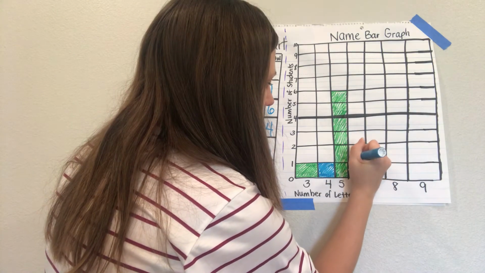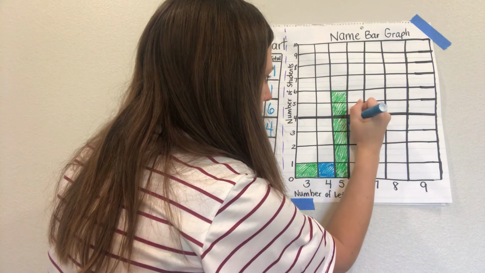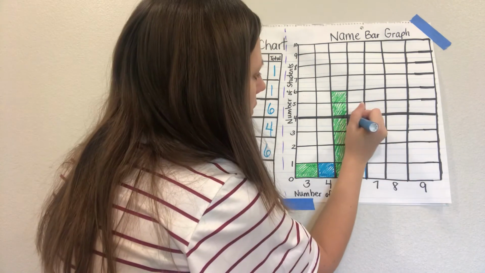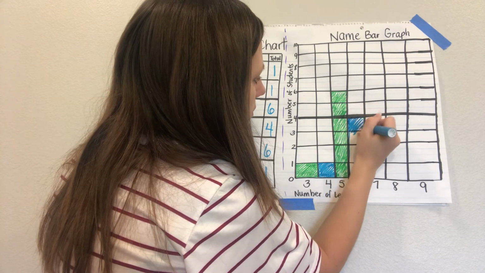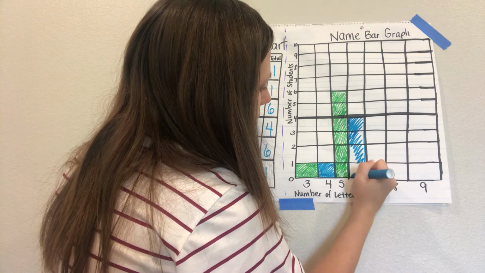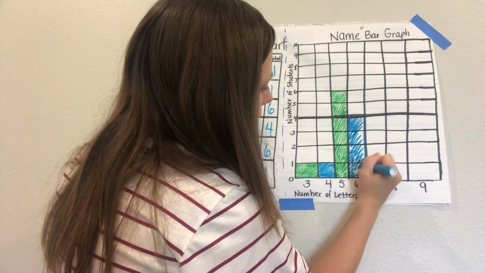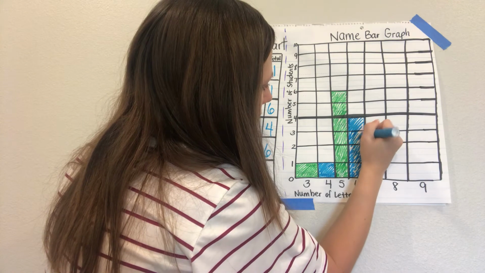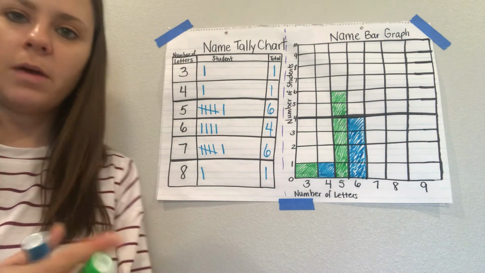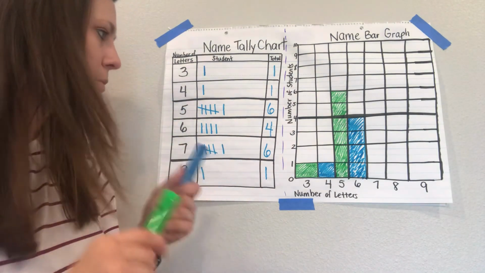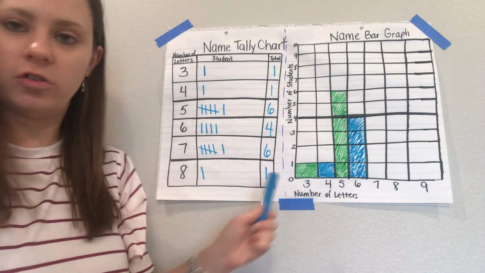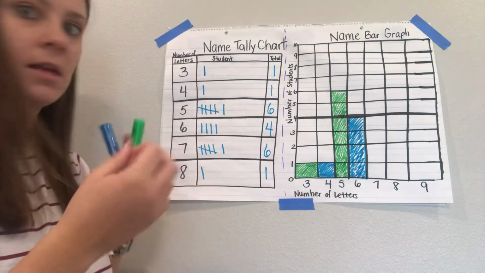So 1, 2, 3, 4. Color this in here. Alrighty. And by the way, I'm just alternating colors, green and blue. That way it's easier to read the graph and you can see it easily.